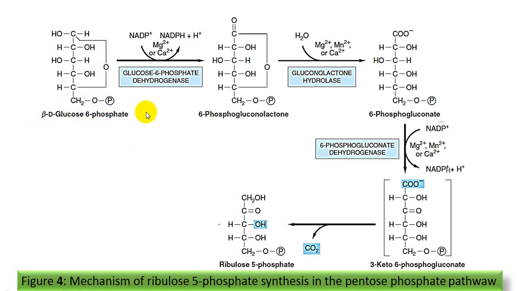In the presence of glucose 6-phosphate dehydrogenase, the coenzymes magnesium 2+ and calcium 2+, and the oxidized form of NADP, the result is 6-phosphogluconolactone, a ketone, and 1 molecule of NADPH.